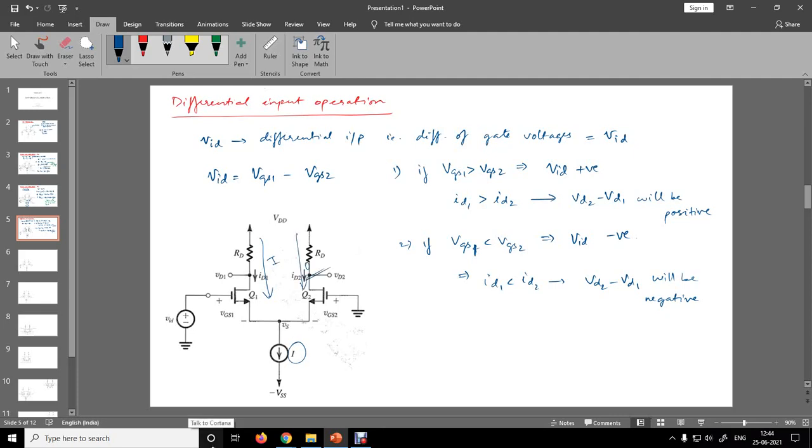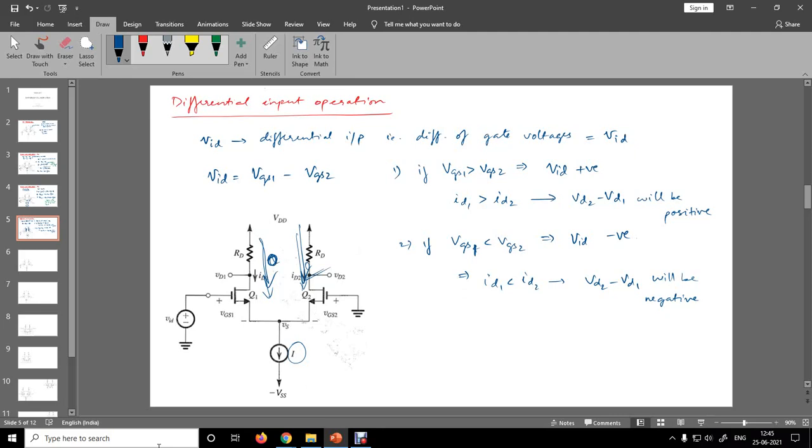Okay, if VGS1 is very much less than VGS2, that is if VID is negative, all the current will flow here and no current will flow here. So it is like a balancing act. Clear? So with the help of this VID, you can steer the current between Q1 and Q2.